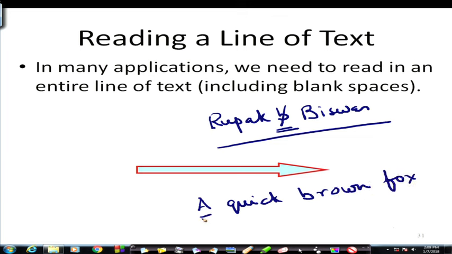So, I want to read these characters as well as the blank spaces, everything. Then what will be my delimiter? My delimiter will be the carriage return, often designated as \n. So, till I get a \n, I will go on reading. That is how I can read a line.